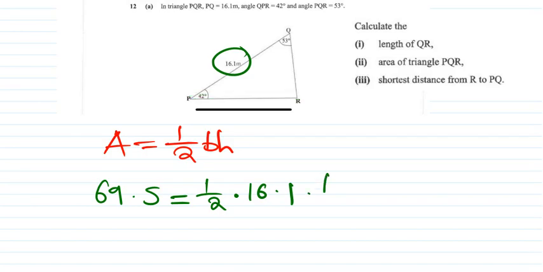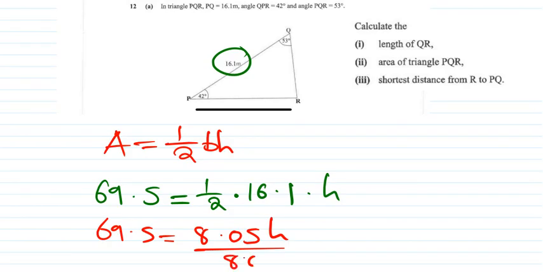Let's call it H. To make H the subject, 69.5 is equal to 8.05 H. Divide both sides by 8.05.